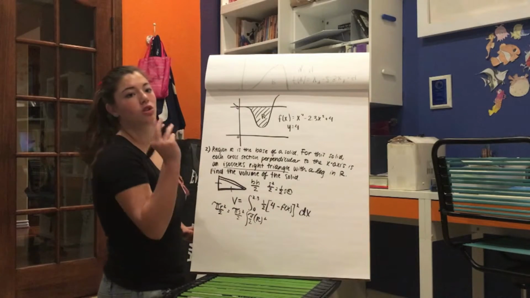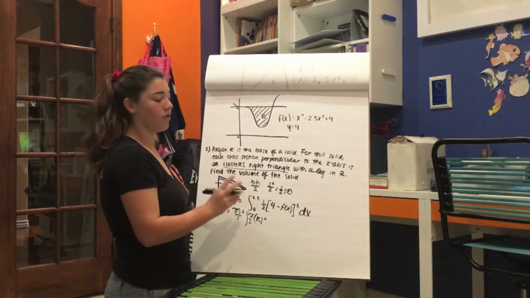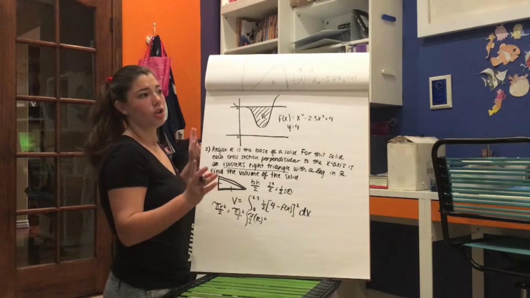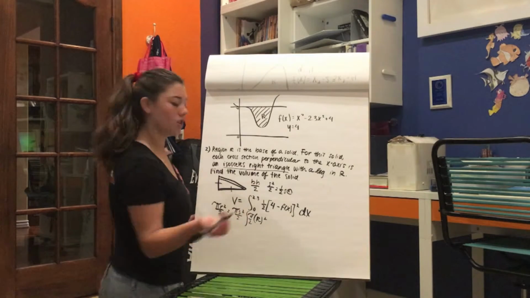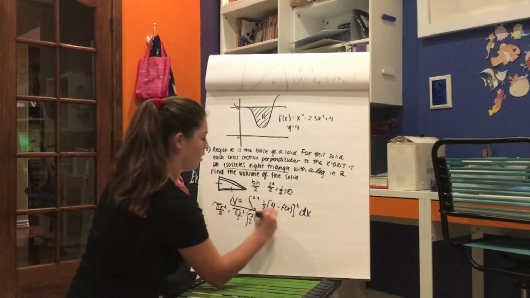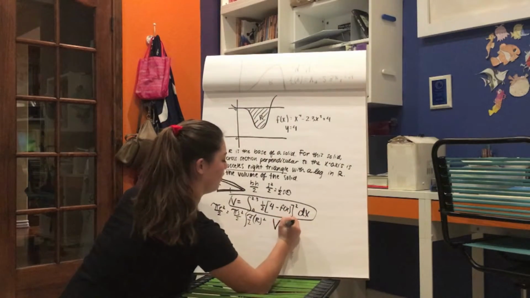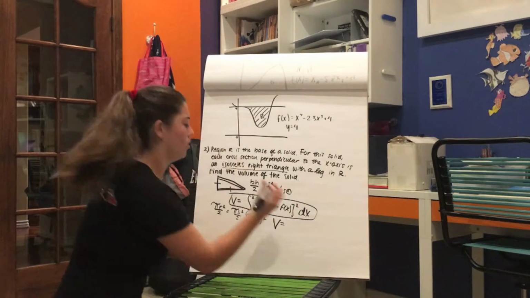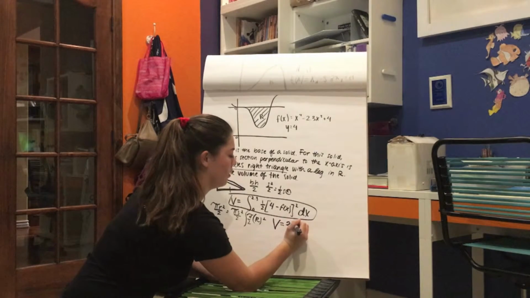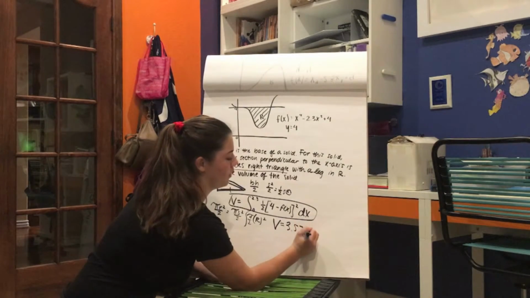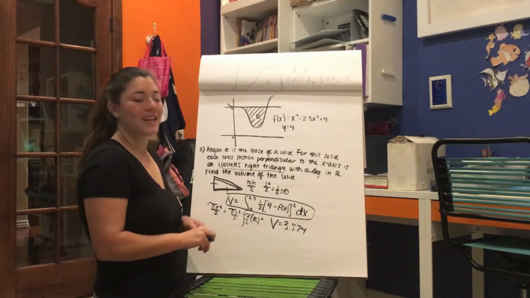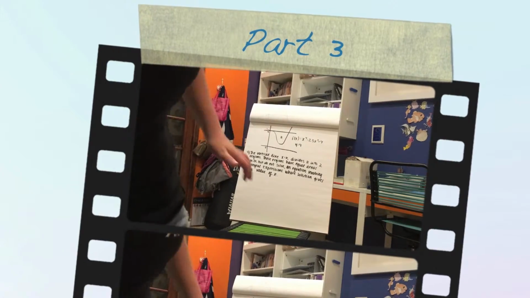So don't put a pi in front unless that's what it's asking you with your cross sections. Once you plug this into your calculator, you're going to get your volume is equal to 3.574. And that is your answer.